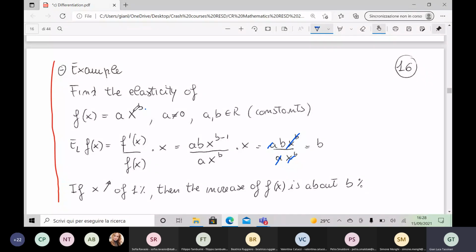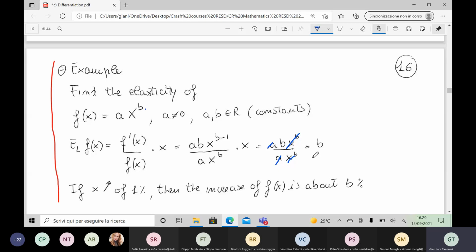Now, which is the interpretation? Remember that this morning I told you the meaning of the elasticity. If x increases by 1%, then the increase of f of x is about b%. So this is the interpretation of the elasticity. In particular, you see that the elasticity is constant in this exercise.